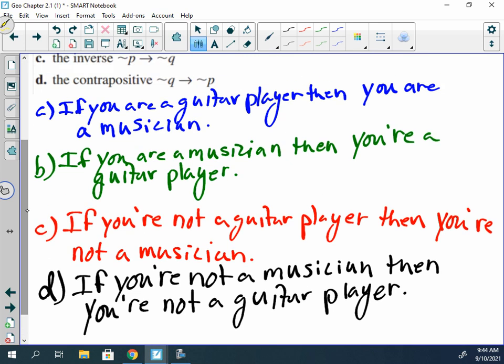Any questions on how we wrote these 4 statements? Are we good with this here?